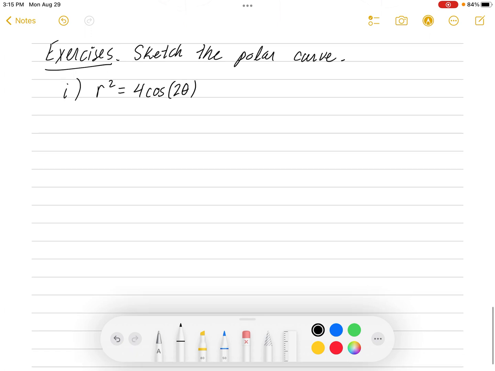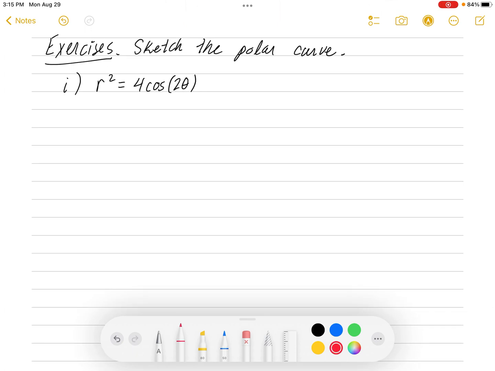A horizontal lemniscate. You'll think about what your a is here. Oh, this is actually our a squared right here, right? Our a squared equals 4. So actually a is equal to the square root of 4. You get a is 2. This is a horizontal lemniscate.